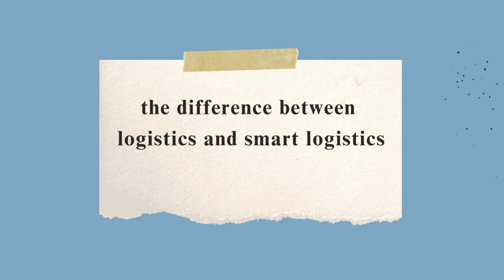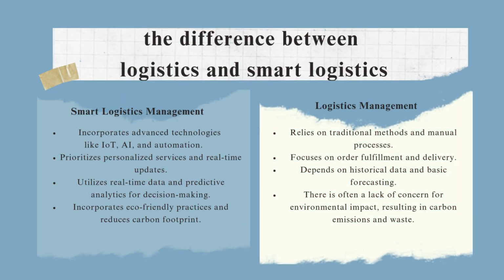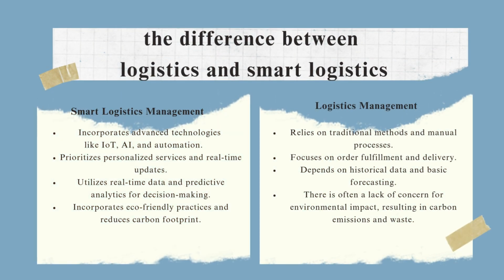And next I want to talk about the difference between logistics and smart logistics. Smart logistics management includes 4 points. It incorporates advanced technology like IoT, AI, and automation. It prioritizes personalized service and real-time updates.